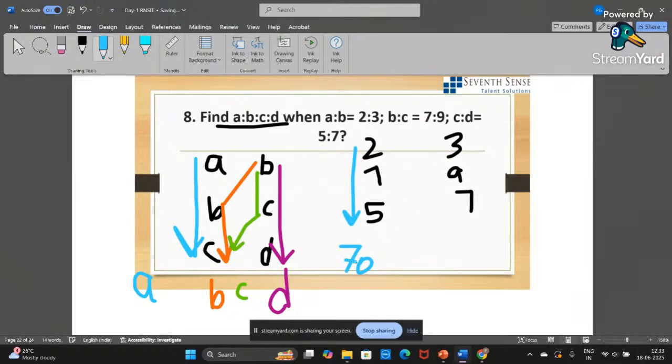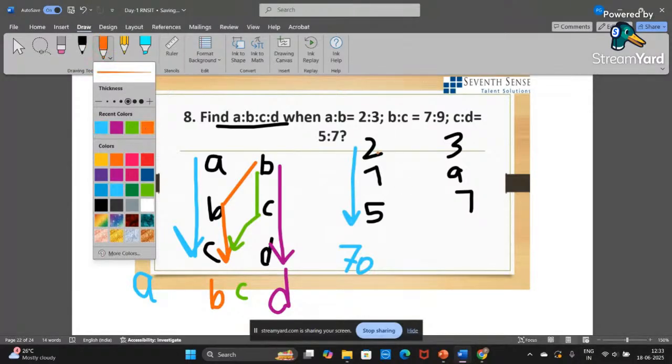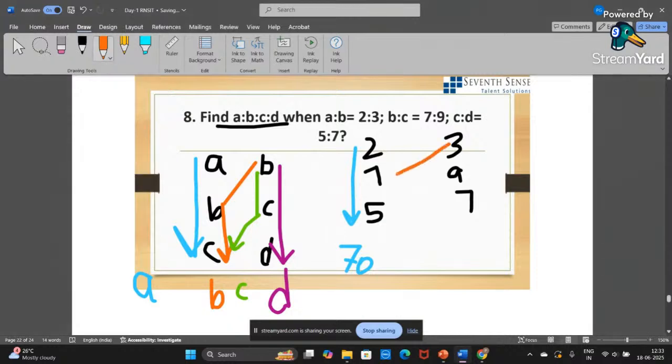A value is 70. Now to find B, 2 into 7 into 5. 5 sevens are 35 into 3. How much is it? 105.